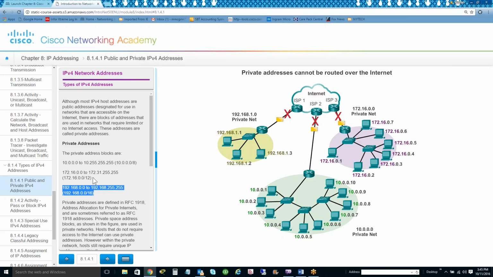In the Class B network, which is when you're looking at the second octet of the full IP address, networks in that area are in the 172.16.0.0/12 range, and the Class A networks are in the 10.0.0.0/8.